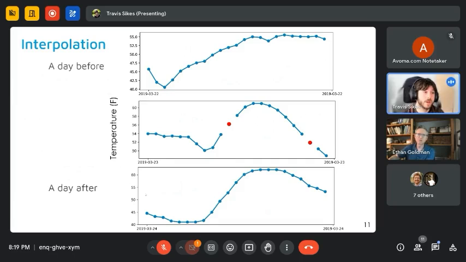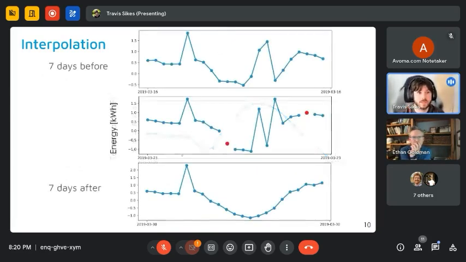For your first question, all of these are using the same data: a week prior, the day before, day of, day after, and 7 days after. With temperature, it's much more locally important to do that interpolation. But the reason we use the 7 days prior and 7 days after, particularly with the energy, is that a lot of the time the data is repetitive in some way, and we have to account for the possibility of having zero data in an entire day.